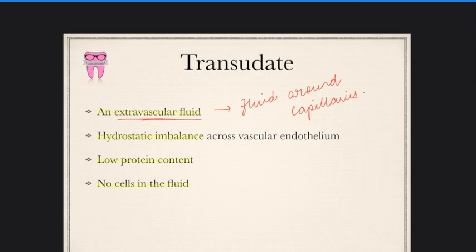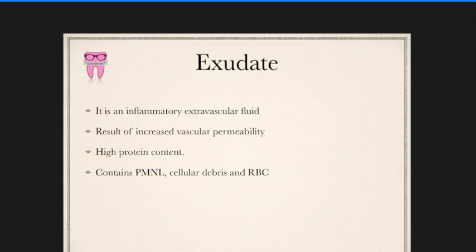Now coming to the next term, we have exudate. Exudate is an inflammatory extravascular fluid, which means that this fluid will be present only during inflammation of tissues. Only if there is inflammation of the capillary, you will find this kind of fluid in the surroundings of a capillary.